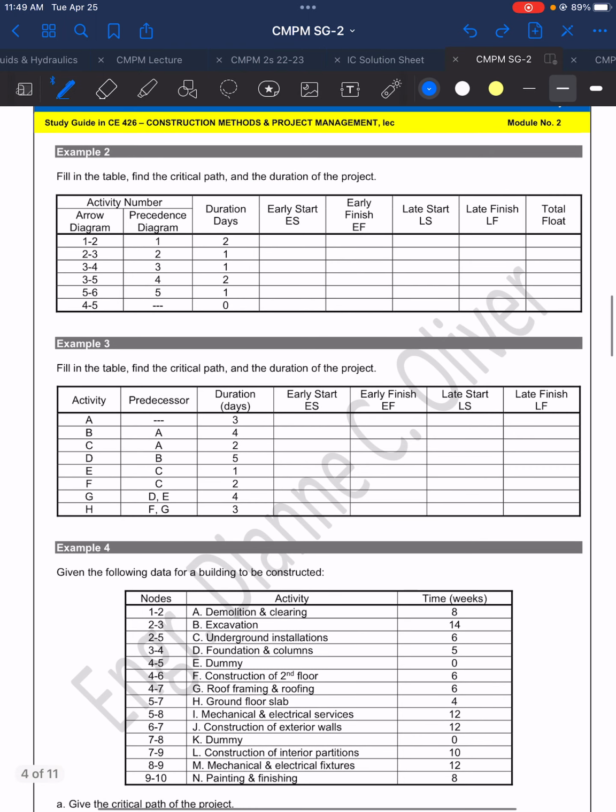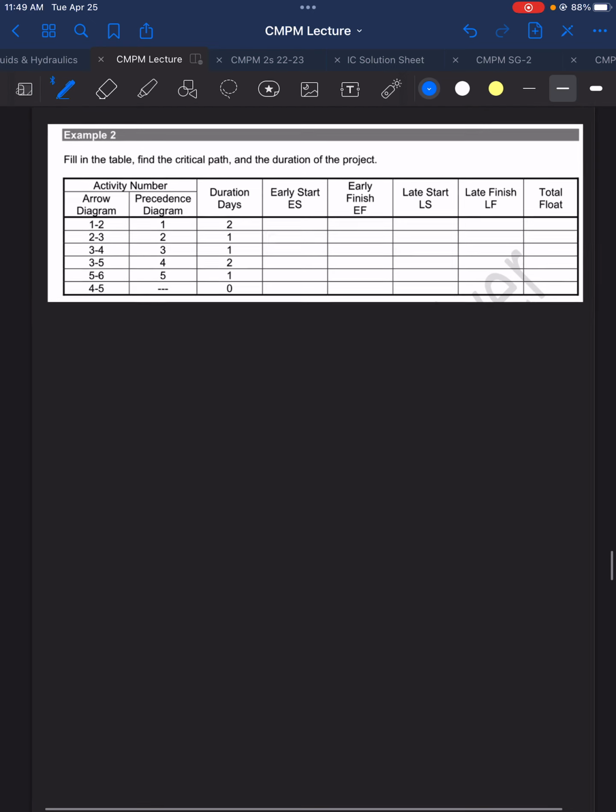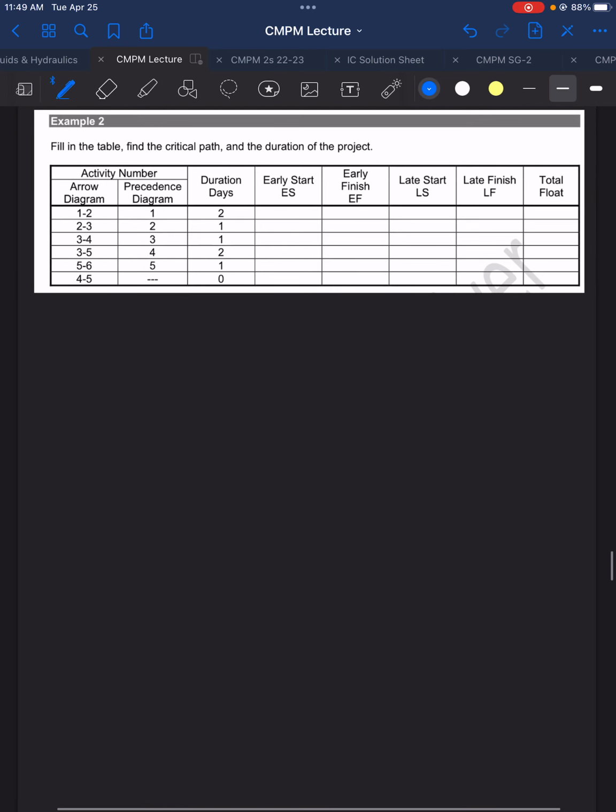Okay, let's solve example number 2. In example number 2, fill in the table, find the critical path and the duration of the project. So the rule of thumb here is that we need to draw the network diagram first.